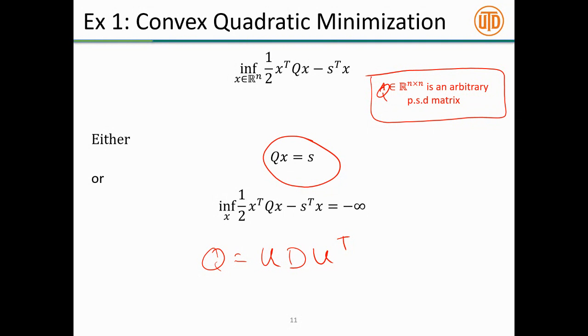Well, let's just take the simplest example. If S itself was an eigenvector of Q with eigenvalue 0, well, there's nothing that Q multiplies.